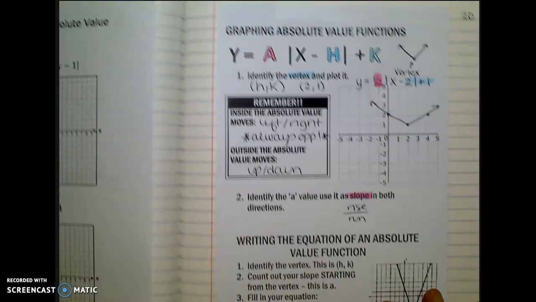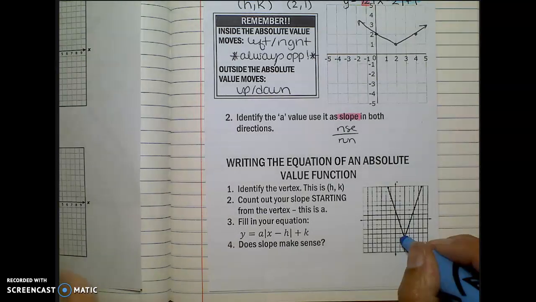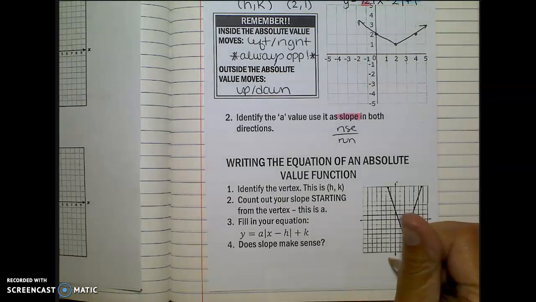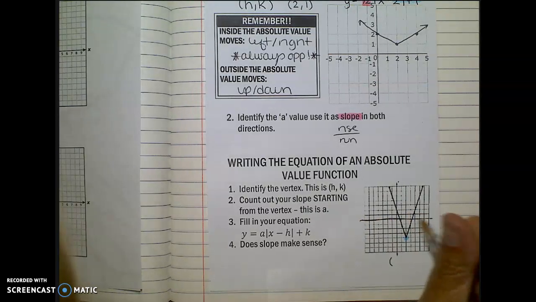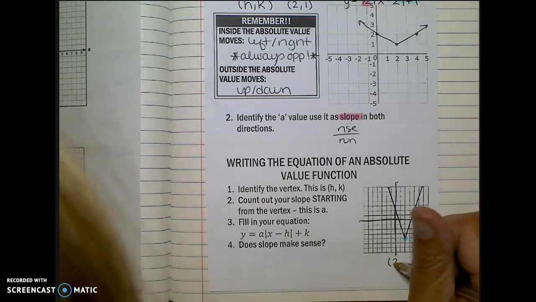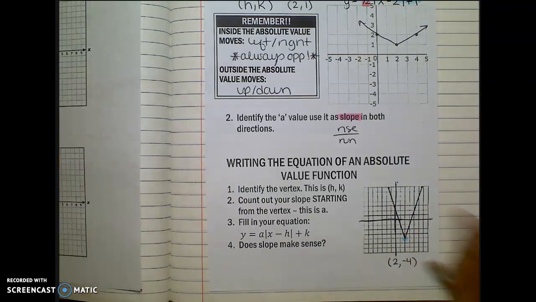Now we should be able to go in the other direction as well, like if I have a graph, hopefully we can write the equation as well. So I can look at my graph and find my vertex, and where that point is located. And in this case we're located, and sorry my X's are so crappy here, over 2 to the right, and then down 1, 2, 3, 4, so -4.